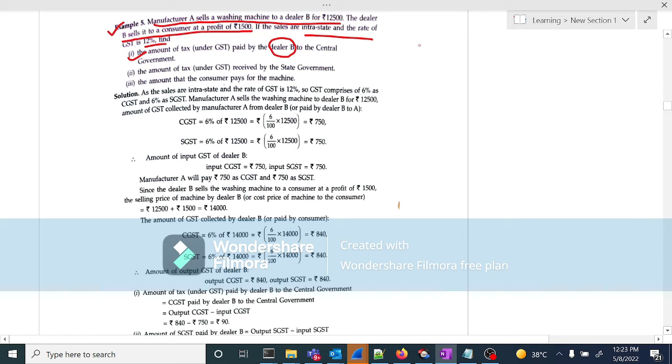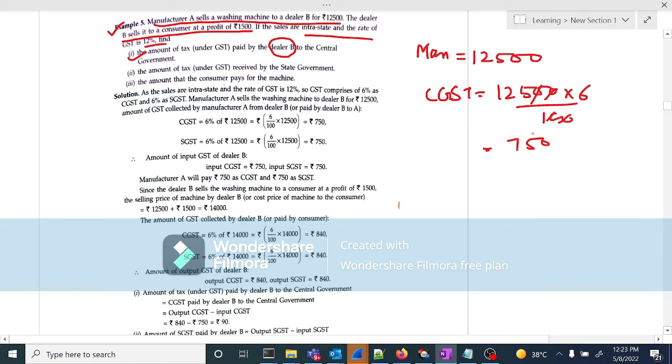So if I go here, there is a manufacturer. The manufacturer sells goods for 12,500 to the dealer, and there is a tax of 12%. So 6% CGST and 6% SGST. 6% of 12,500 comes to 750. Then there is the SGST, again 12,500 at 6%, 750.